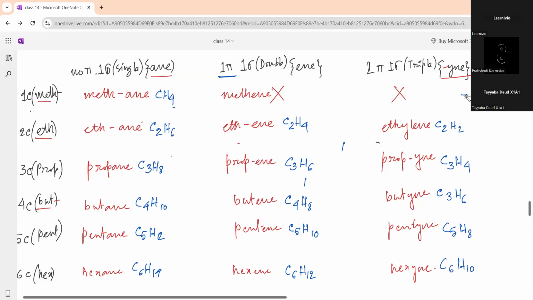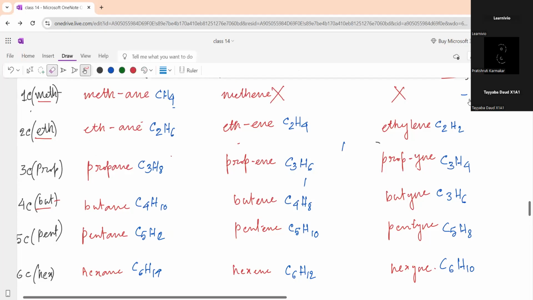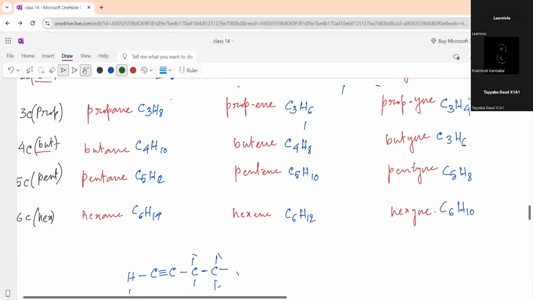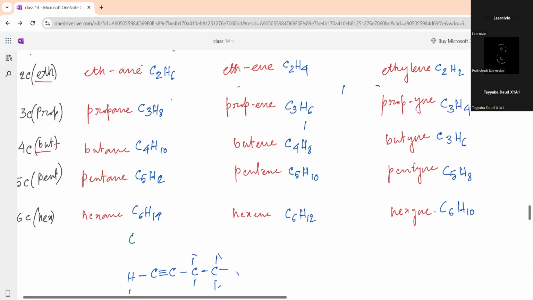Let's say for alkane, let's follow the trend. It's CH4, C2H6, C3H8, C4H10. So if the number of carbons is n, what will be the number of hydrogens?